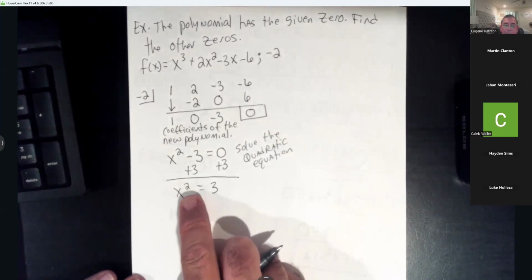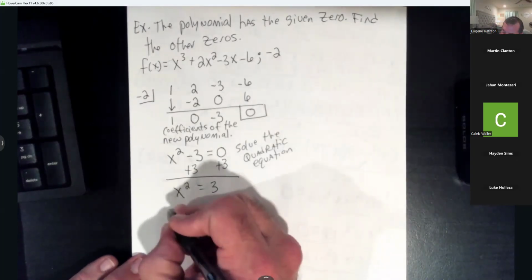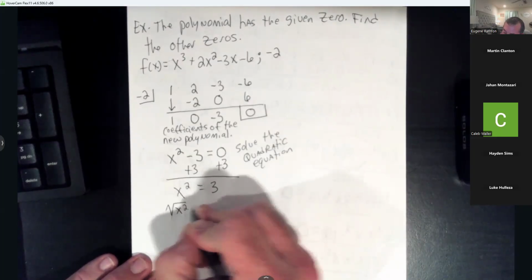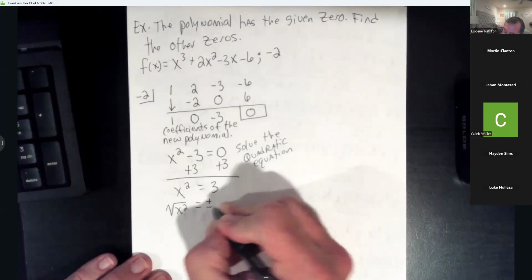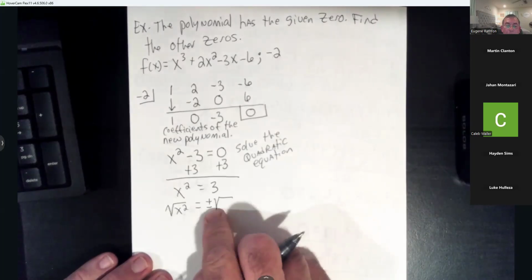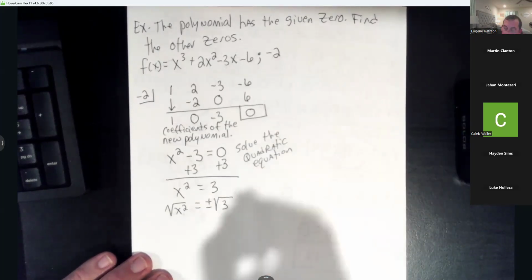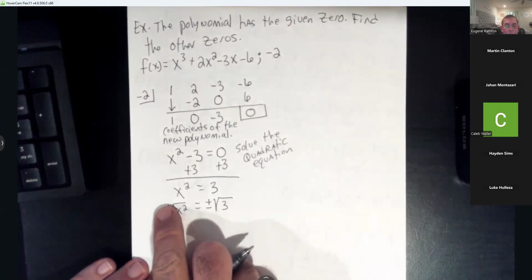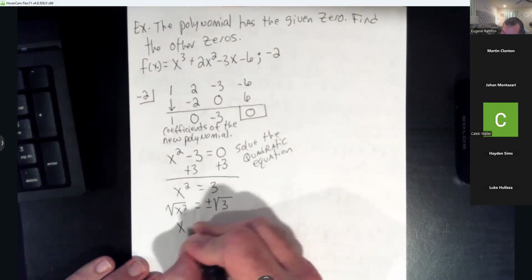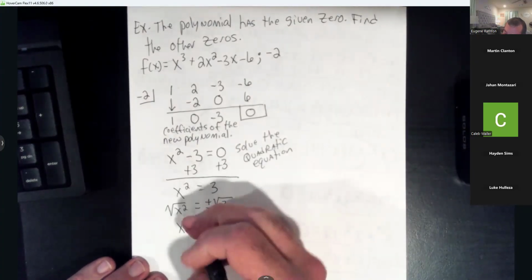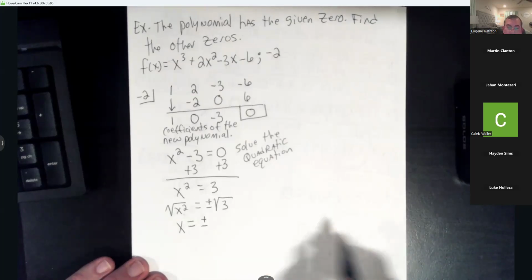And remember, at this point, since that's the x squared, I'm going to take the square root of both sides. Since I'm taking the square root of a number, I'm going to put a plus or minus in front of it. So y'all, square root of x squared is x. And that's going to equal a plus or minus.